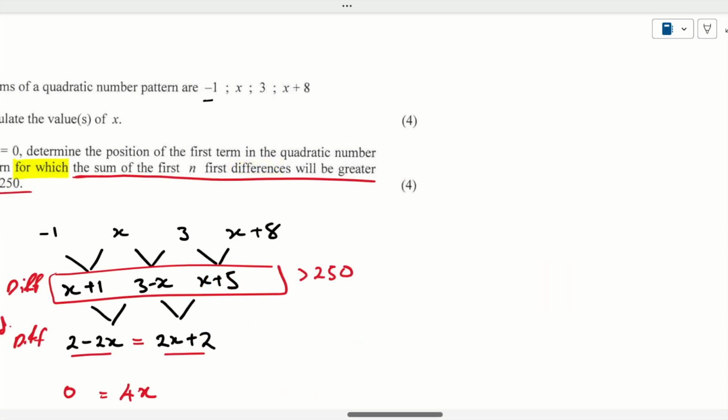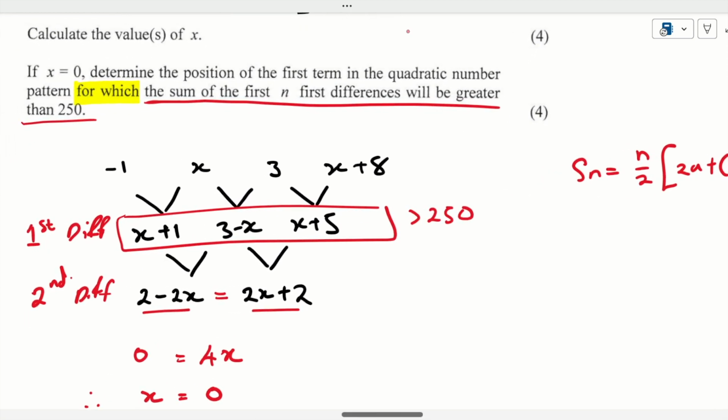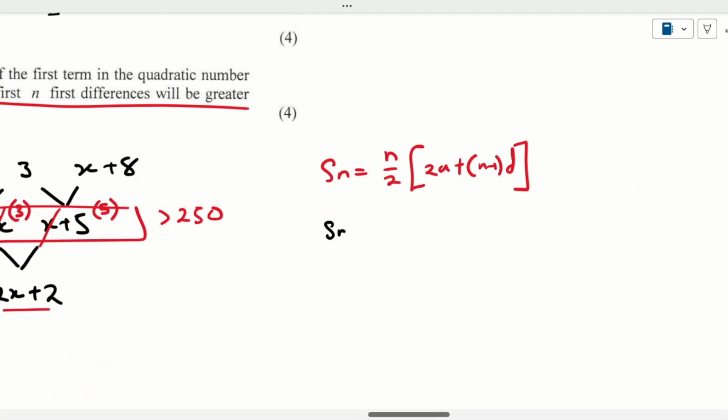The summation formula for the arithmetic sequence is Sn equals n over 2 multiplied by 2a plus n minus 1 multiplied by d. a is the first term, d is the difference. Here, our first term is 1 and our second term is 3. This is by substituting x equal to 0. We can now substitute these values into the summation formula.